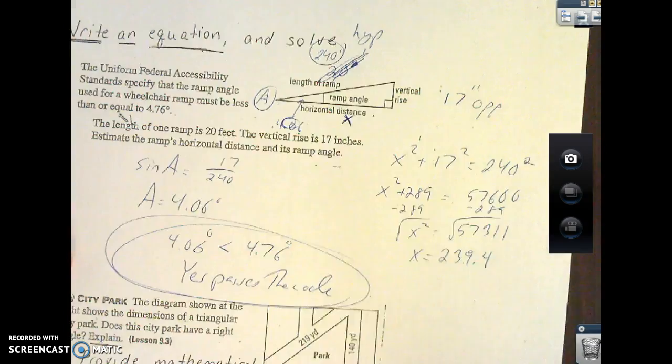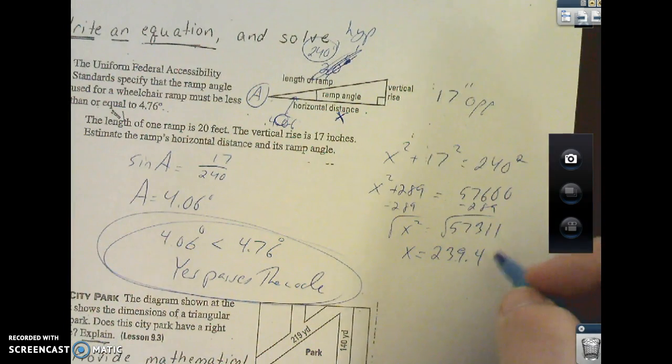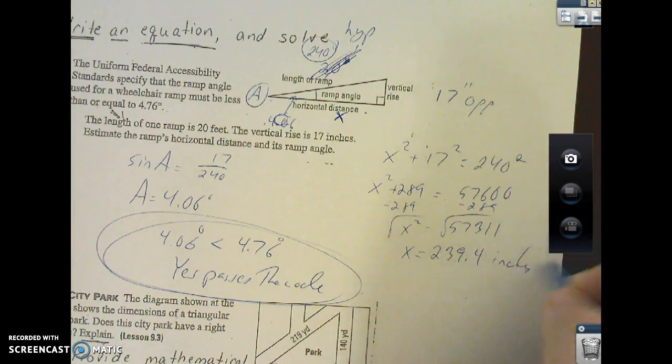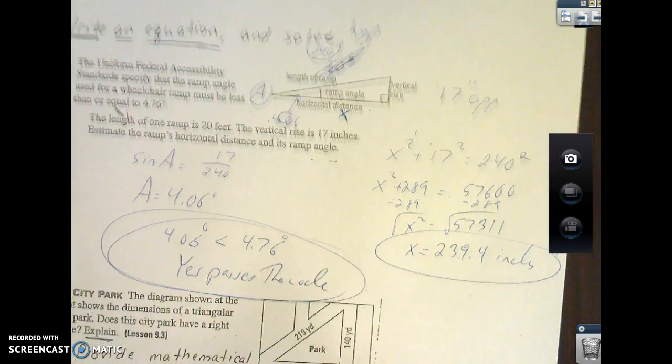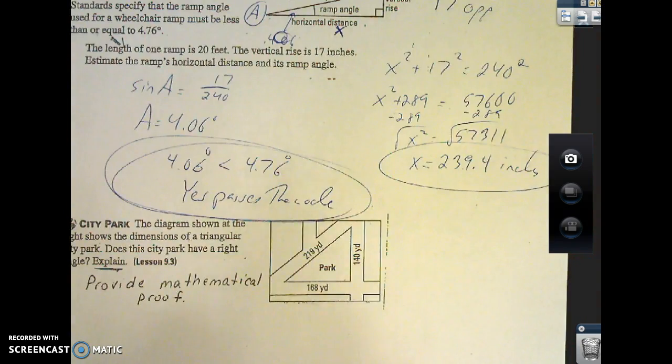We're only doing one decimal place. So that would be in inches, because I converted everything to inches. We're all set. Okay? It's basically the same exact thing you guys have been doing, just a little bit more.